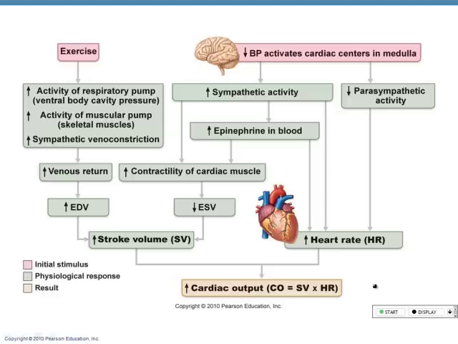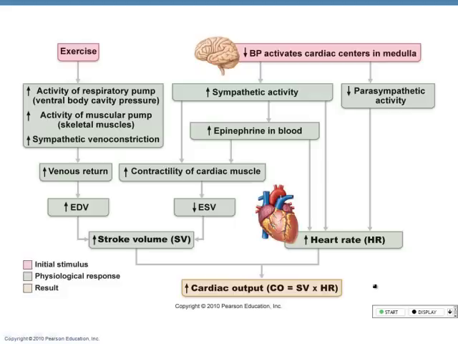Increase contractility. Decrease end systolic volume. What's systole? Contraction. It's going to decrease it because it's going to cause what to happen when contraction happens? Contraction of the muscles more forcefully pushing more out after systole. That's going to increase stroke volume as well, and then in turn increase cardiac output.